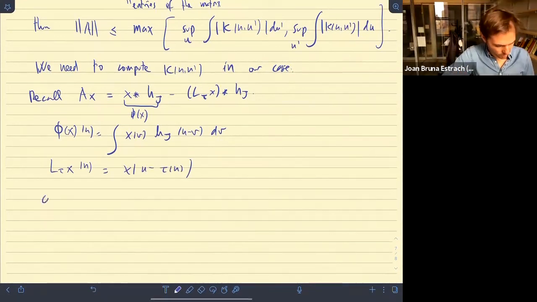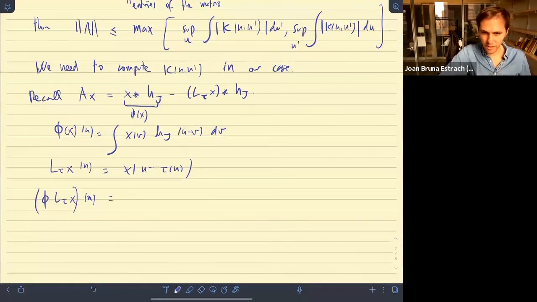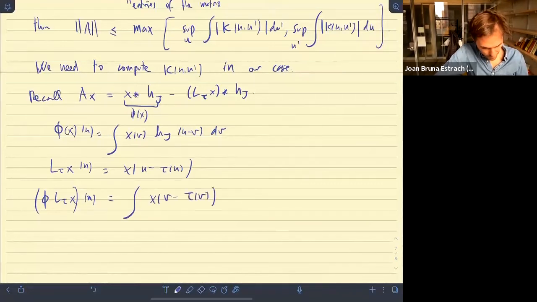So now we need to compute phi of L tau of X, composing the deformation with the low pass filter. So let's use the definition: the integral of X of v minus tau of v times K, dv.